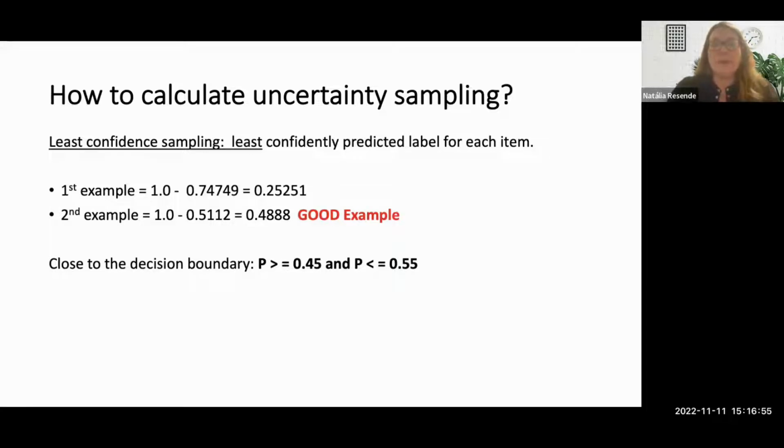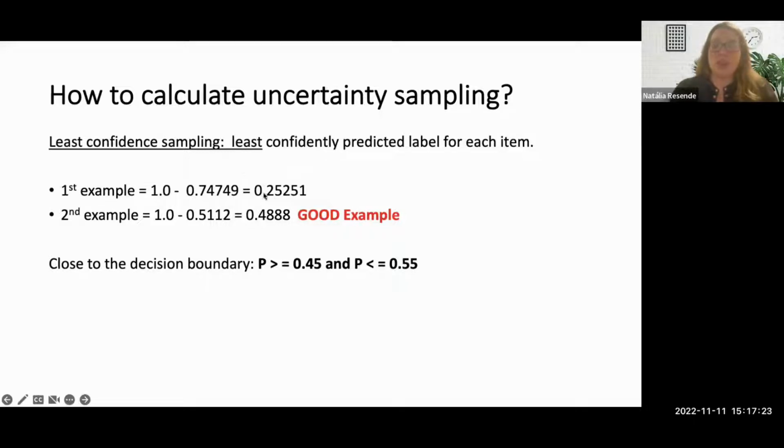So the result of this subtraction, if it is close to the decision boundary, which in this case is 0.488, we consider this a good example, because the model is very uncertain of this decision.